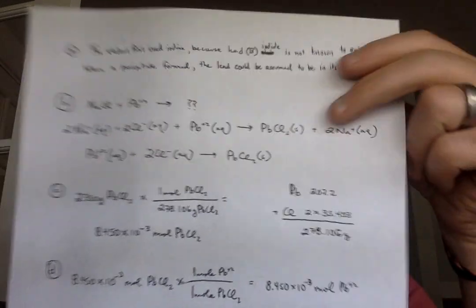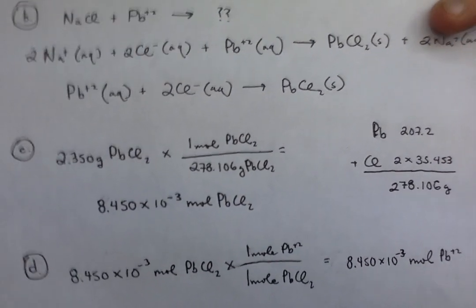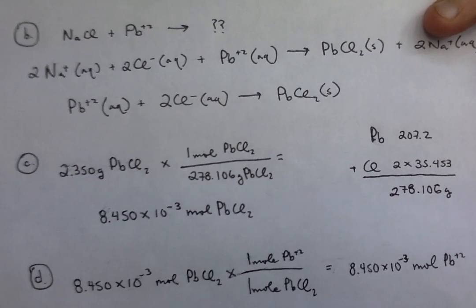And then E, calculate the concentration in molarity of the lead 2 ions in the unknown solution. So in this way, it's pretty easy. We have that 8.450 times 10 to the negative 3.